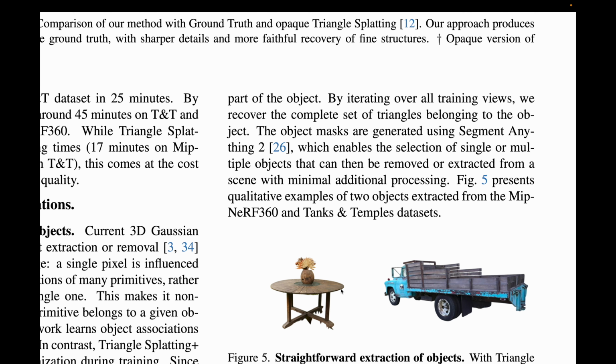Here, because the triangles are opaque, a pixel will be affected by a single triangle, and therefore it's very easy to extract objects from the representation. You can use something like Segment Anything to get a segmentation mask or instance mask, and then you know which triangles contribute to which object, and you can very easily extract those objects and get a 3D mesh of those individual objects.